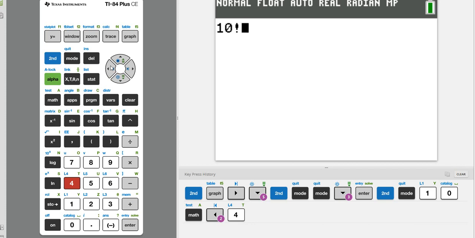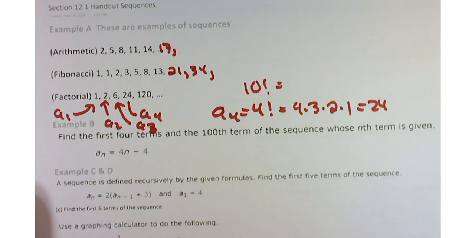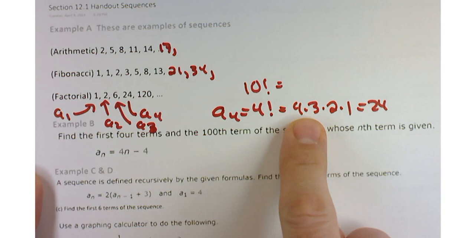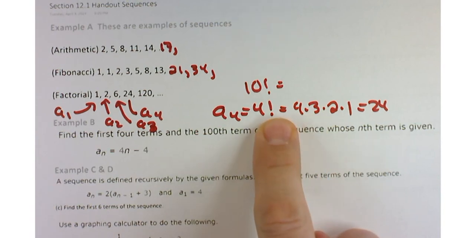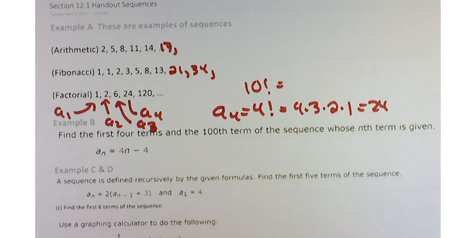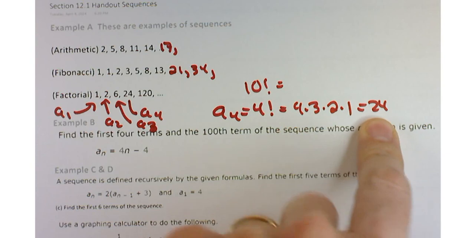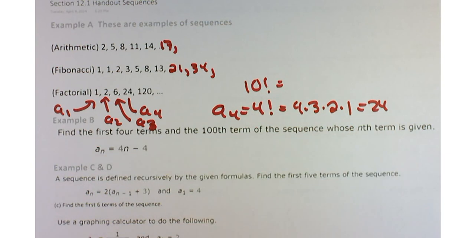Now, an interpretation for factorial is it's the number of ways you can arrange a group of n objects. So in this particular case, 4 factorial, there's 24 ways that I can arrange 4 objects. So for instance, if I had 4 students and I wanted to put them in one row of chairs, I have 24 choices as to how I could order those students. 10 factorial, that's pretty big.